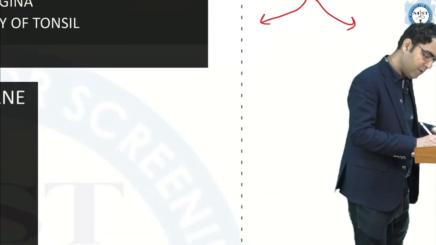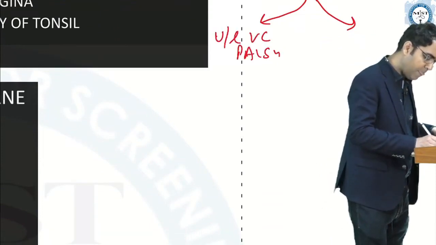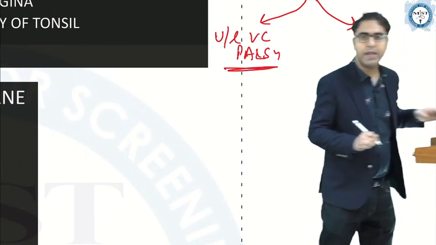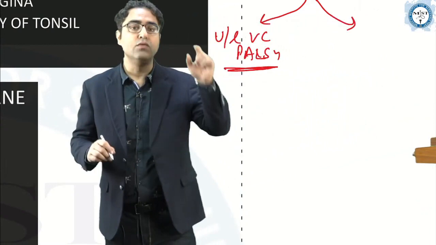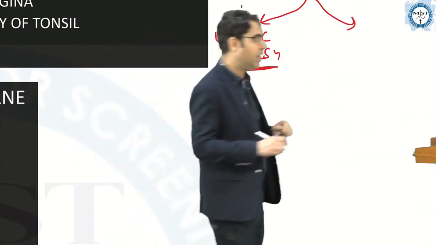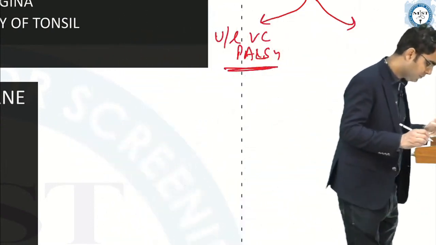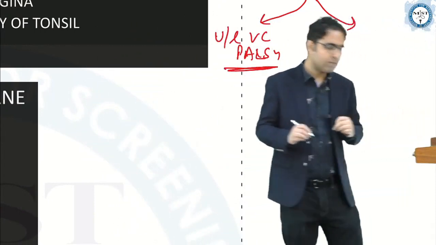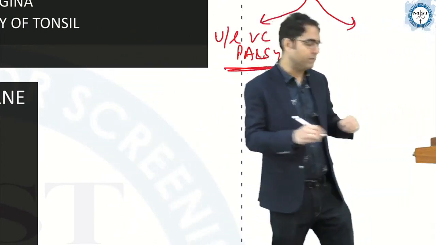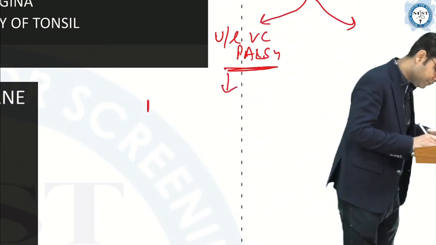Number one, if you remember, unilateral vocal cord palsy. Try to recall the larynx topic, beta. Diphtheria can be a cause of unilateral vocal cord palsy, and the treatment is conservative.